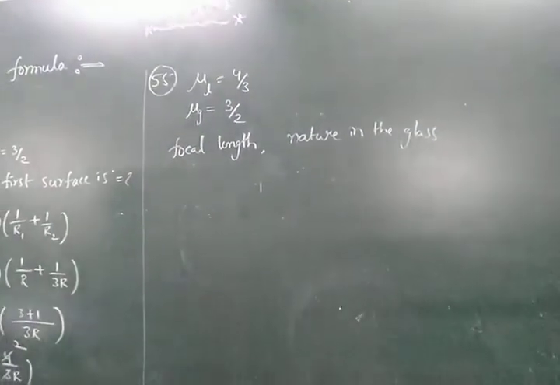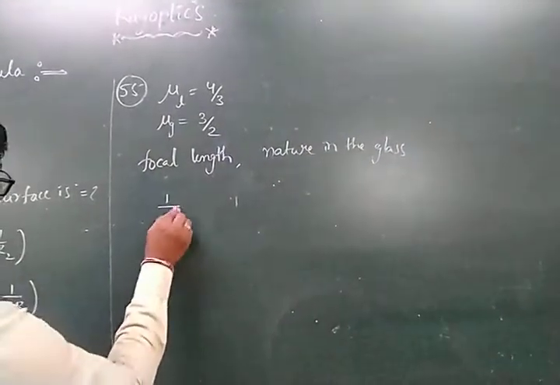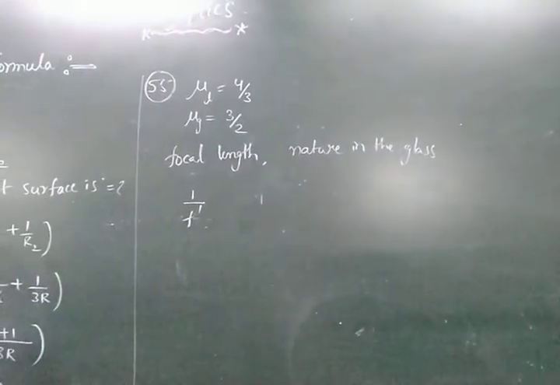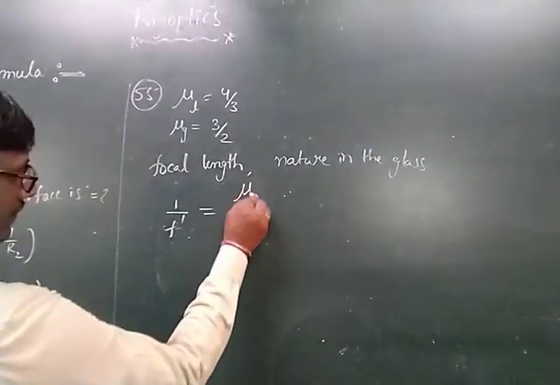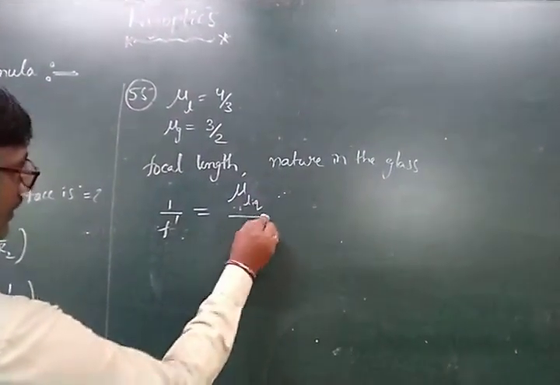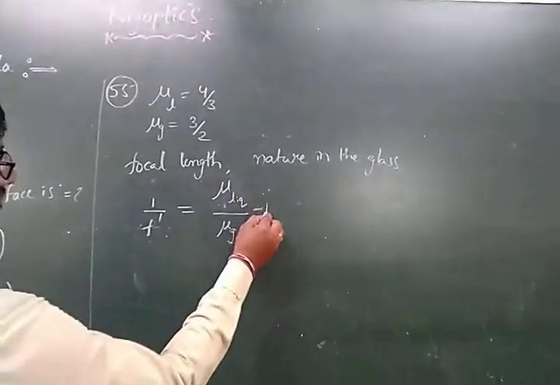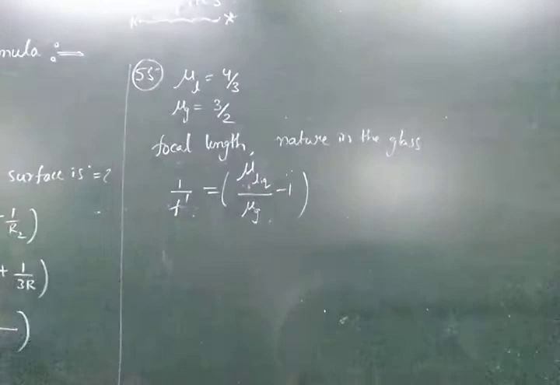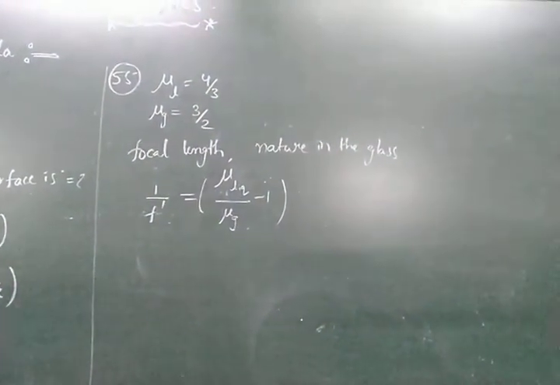We know the formula for 1 by f dash: 1 by f dash is equal to the refractive index of the liquid by the refractive index of the glass, minus 1.